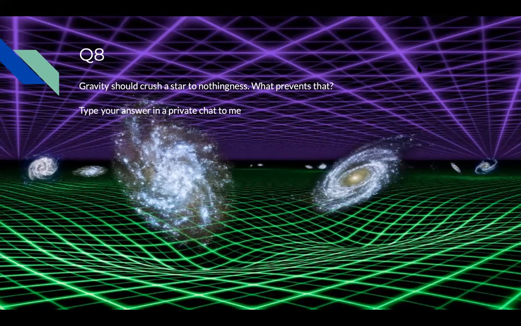See, look, everything with mass has gravity, correct? Now, gravity is an inward force, and everything with gravity should be crushed. But especially stars, given how big they are, something prevents that. What is it? Aryan, you're gonna have to elaborate.